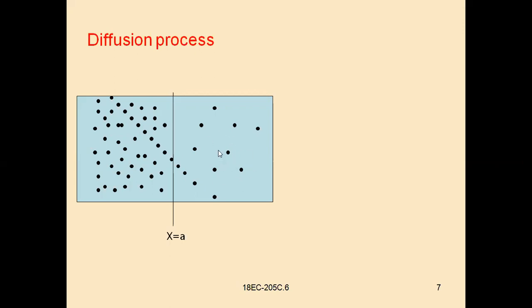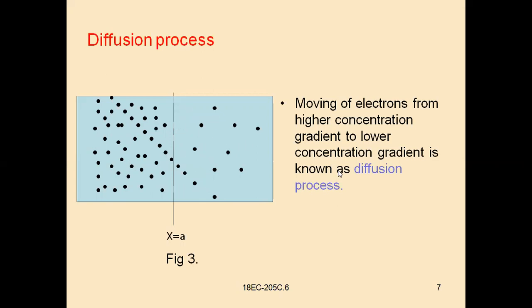Here in this area the concentration of charge carriers is less, whereas here it is more. And see here, what happens in the diffusion process?